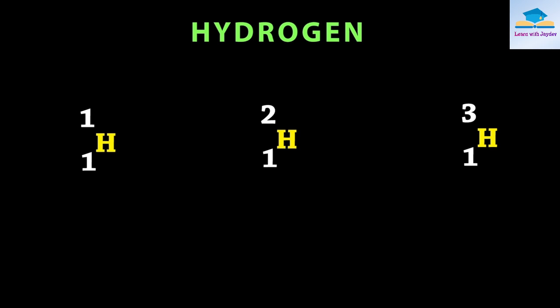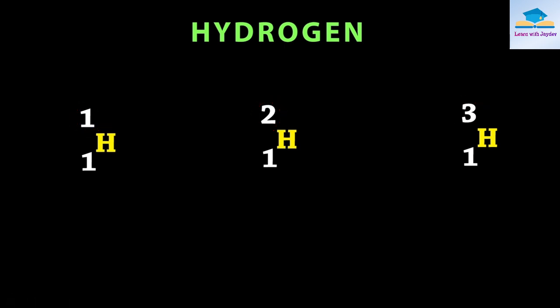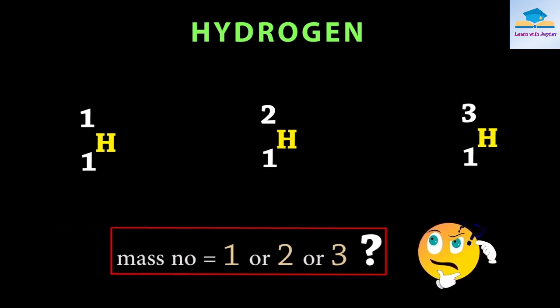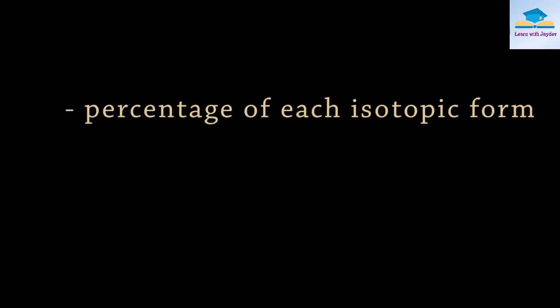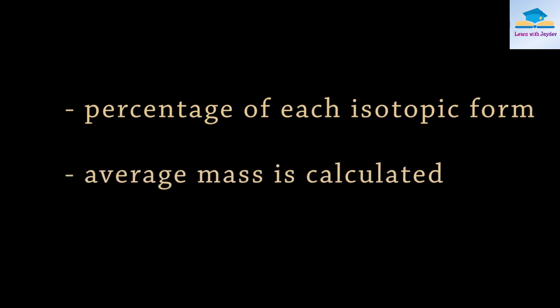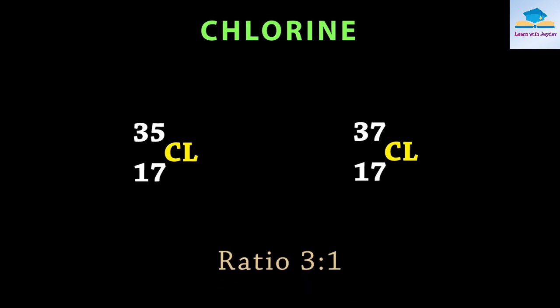Now, the question is, what should we take as the mass number, if the atoms of the same element have different mass numbers? The answer is that we have to know the percentage of each isotopic form, and the average mass is calculated. Example, in the case of chlorine atom, there are 2 isotopic forms with masses 35 and 37 in the ratio of 3:1.